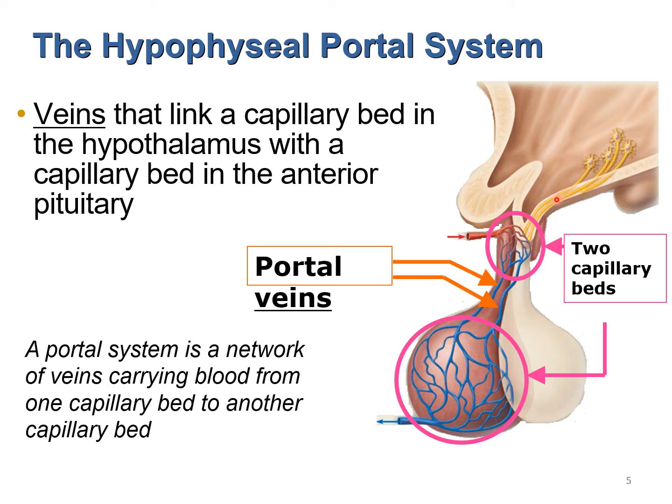These hormones released by the hypothalamus into the hypophyseal portal system, then released into the adenohypophysis, cause the release of other hormones from the adenohypophysis. So in other words, hormones released by the hypothalamus stimulate the release of hormones from the anterior pituitary gland or adenohypophysis.